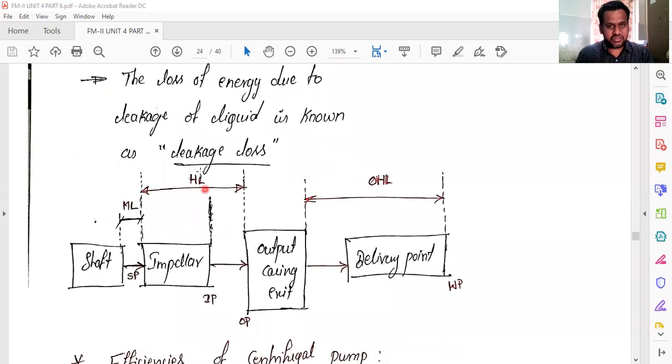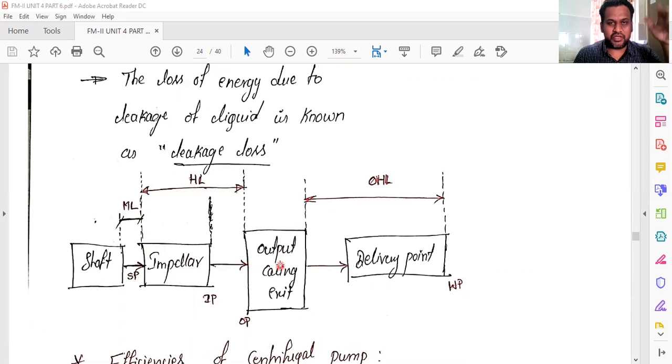Okay. If you see this flow chart or diagram, there is a shaft and the impeller. The shaft is rotating, and because of that the impeller is rotating, so a mechanical loss happens between the shaft and the impeller.